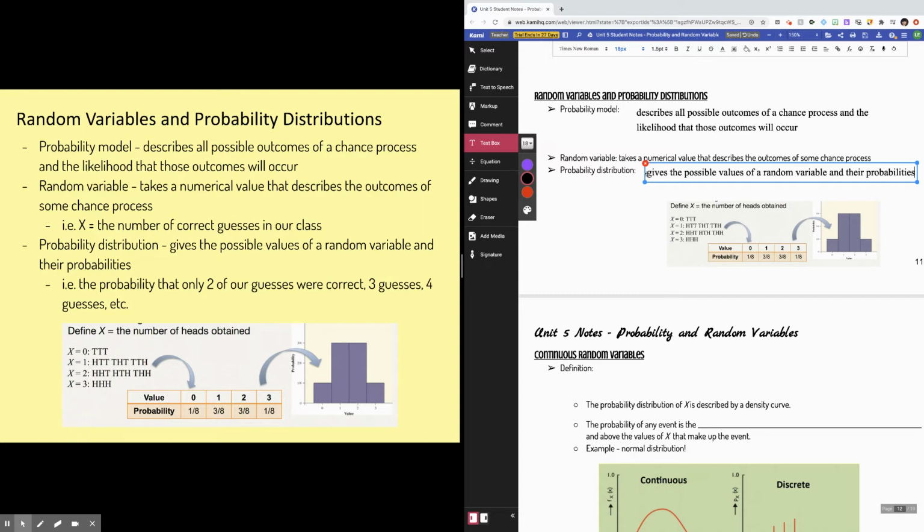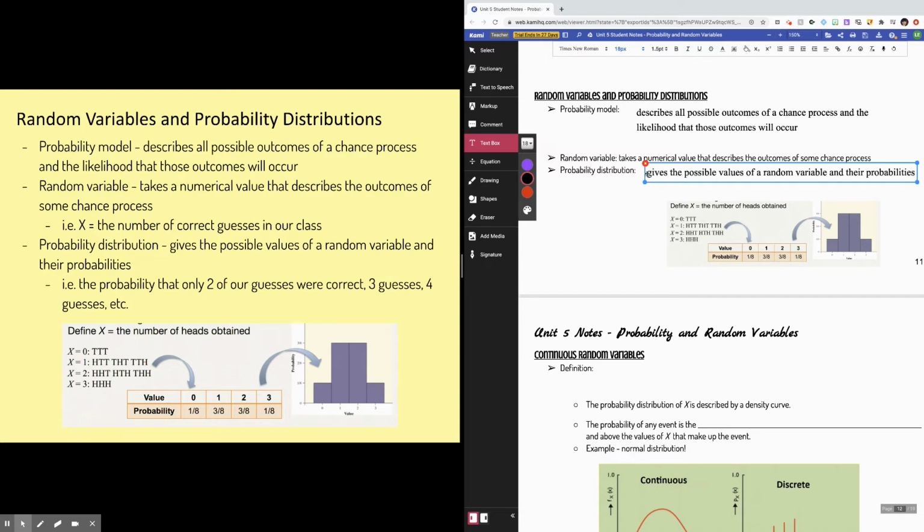That probability distribution would show visually how likely it is that you would only get 2 questions right, 3 questions, 4 questions, etc.